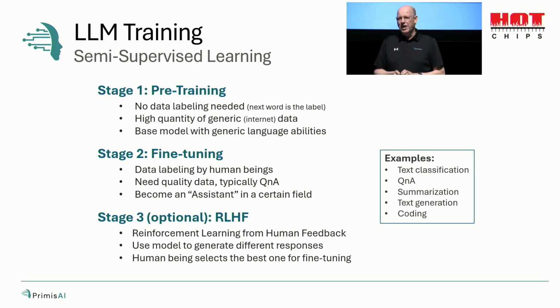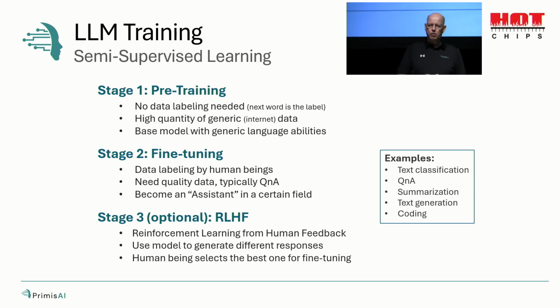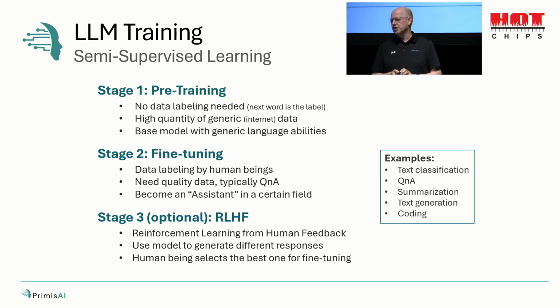So a little bit more about the training. How is an LLM trained? Generally speaking, there are three, or at least two stages to it. First of all, this is often referred to as semi-supervised learning, where supervised learning is really using human-provided labels.